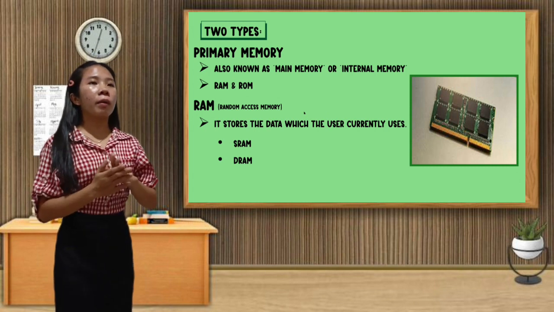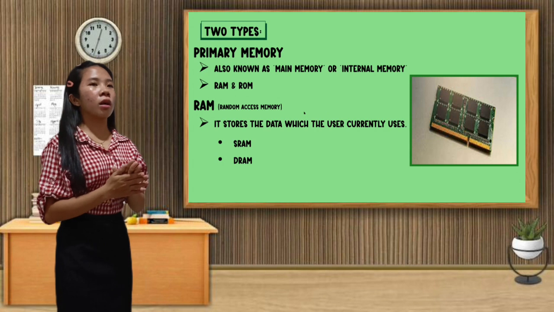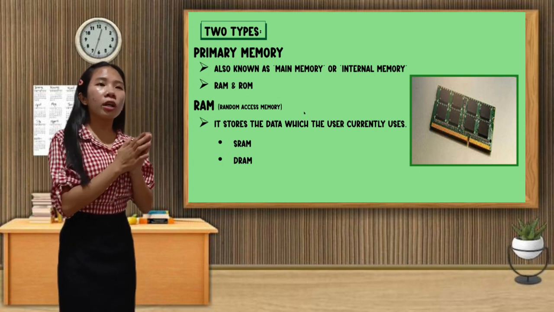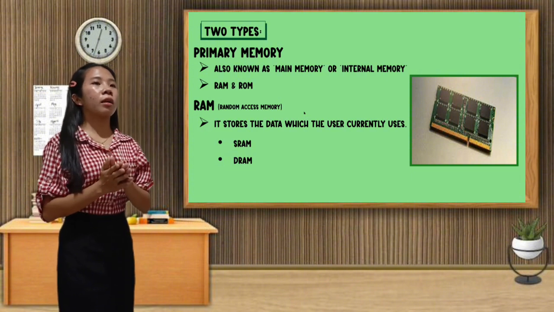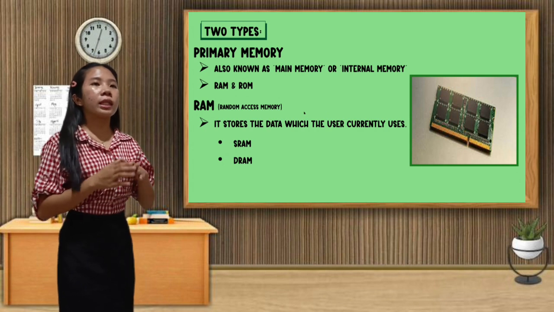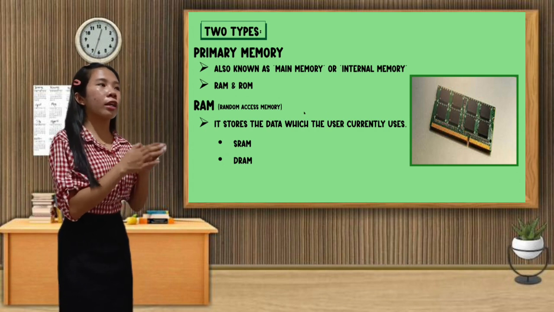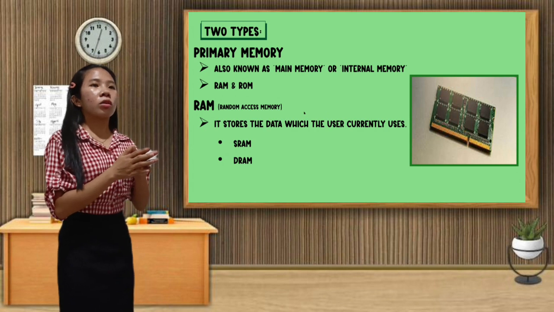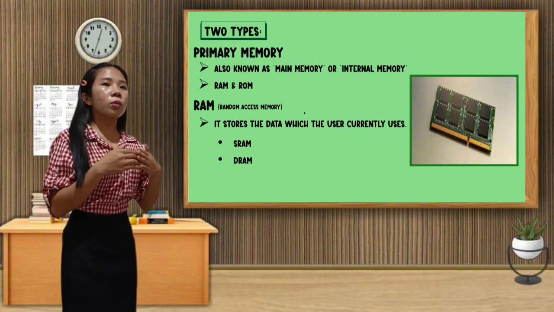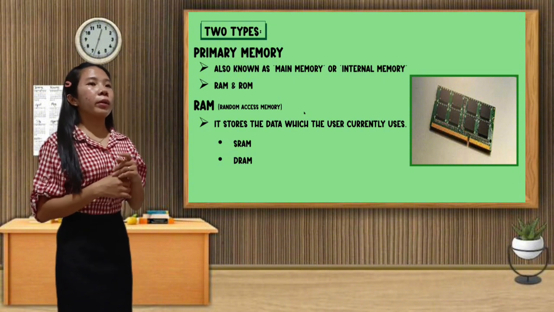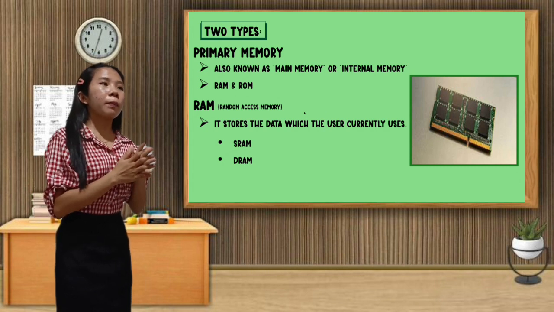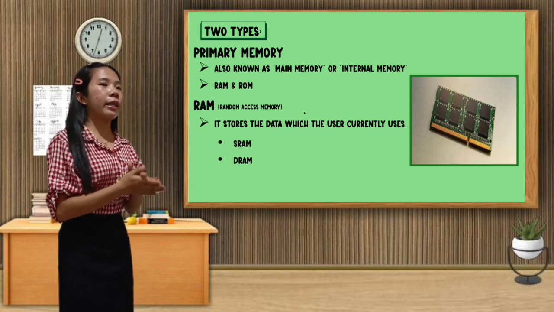The primary memory is also known as the main memory or internal memory, which is located in the motherboard of the system, or as we say, which is directly connected to the CPU, and it is the place where only a little bit of data is stored either by the manufacturer or by the user.